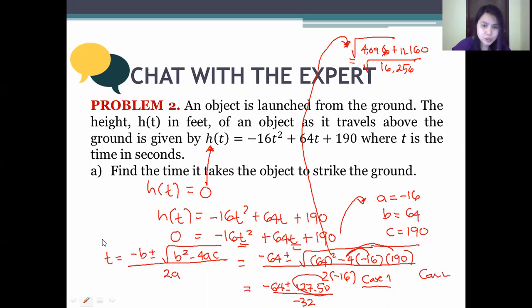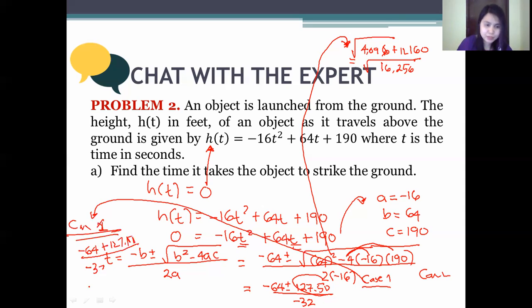So now, let me transfer to this area, please. For case 1, we will have negative 64 plus 127.50, divided by negative 32. So if you solve for case 1, your answer will be a negative number, negative 1.98 seconds.